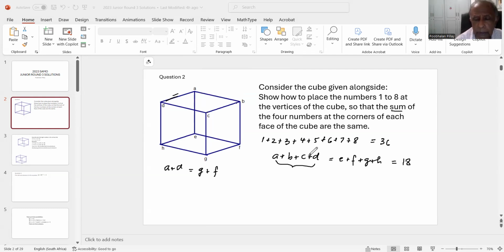All right, what I'm going to do is, these numbers are not repeated. It says that all these numbers are placed at the vertices. Yeah, I think it was said that they are not repeated. So what do we have here? I just want to look at, for instance, the pair AD.